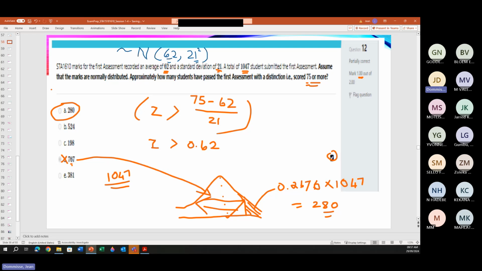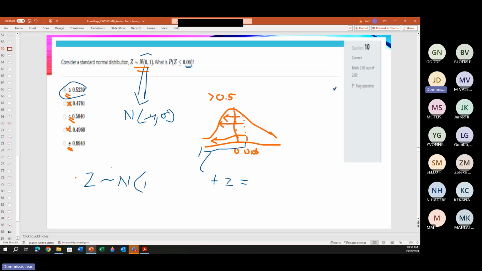Okay, so I think that's why it's important that we just know the notation, so that they don't need to again spell it out. The mean is this, the standard deviation is this. They can just give you that notation.